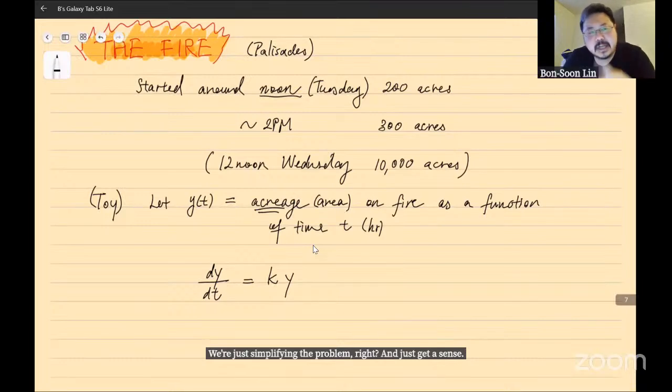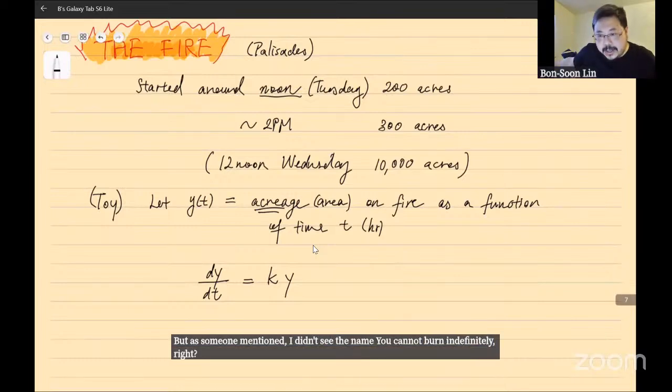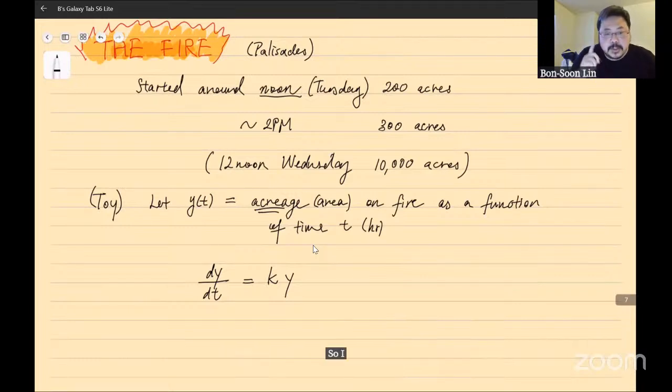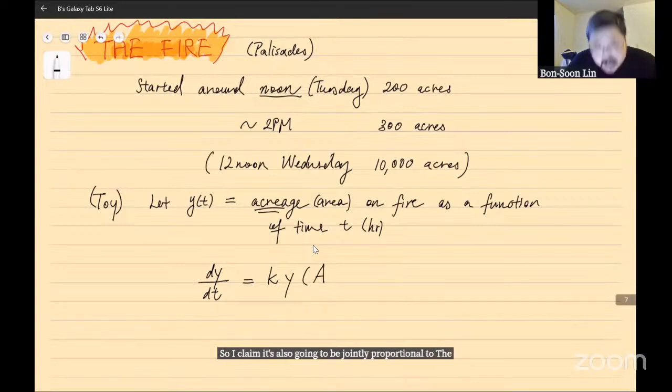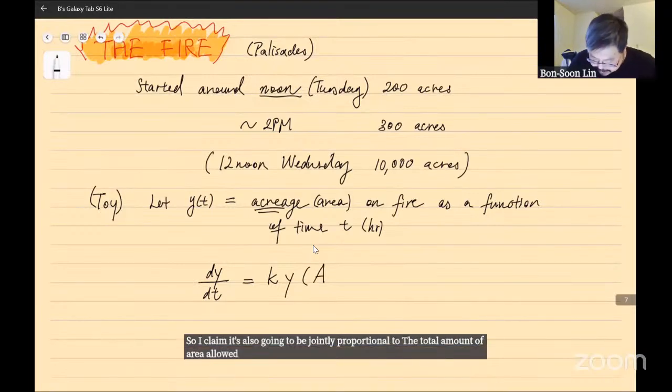But as someone mentioned, you cannot burn indefinitely. The world is finite. So I claim it's also going to be jointly proportional to the total amount of area allowed to be burned that's left yet to be burned. So A minus y.